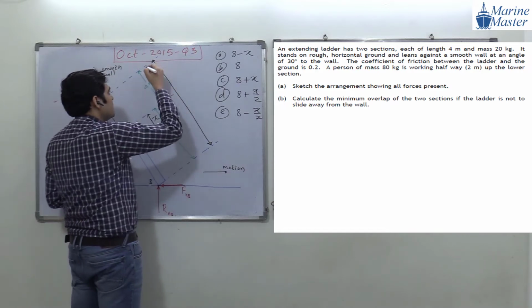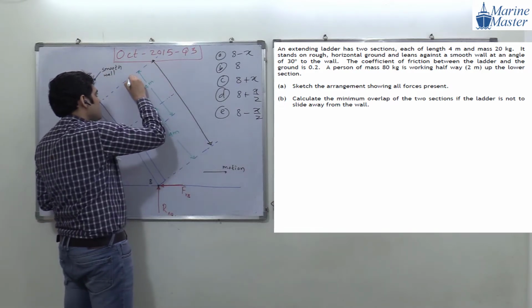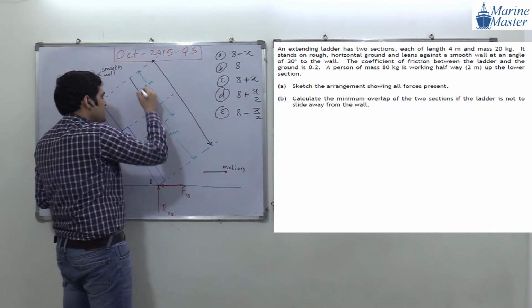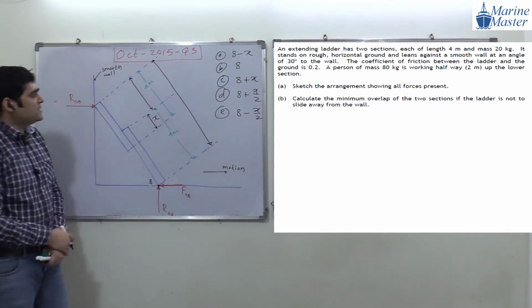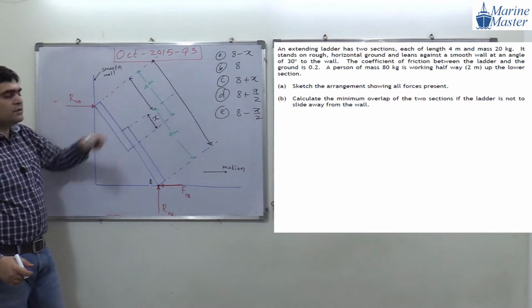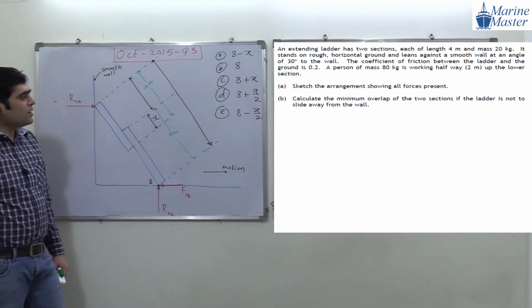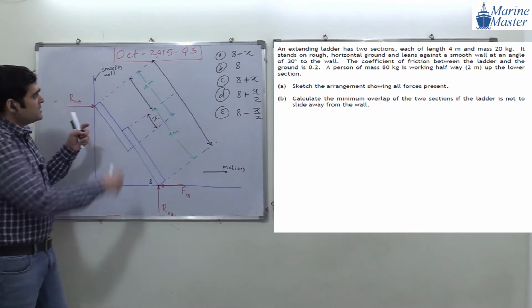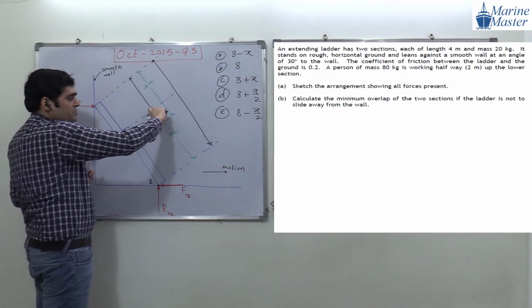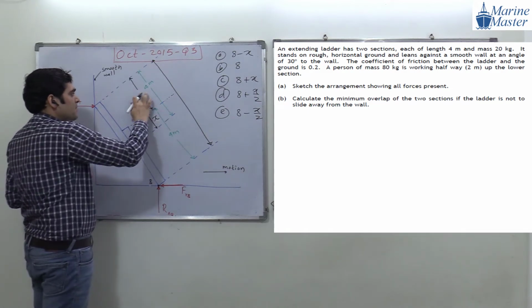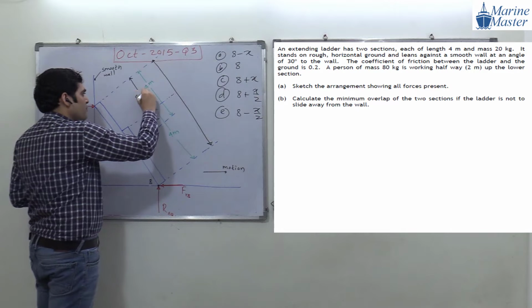Just for our reference, what will be this distance, this black one? 4 minus x means from here to here is 4. If you subtract this x, then this distance will become 4 minus x.